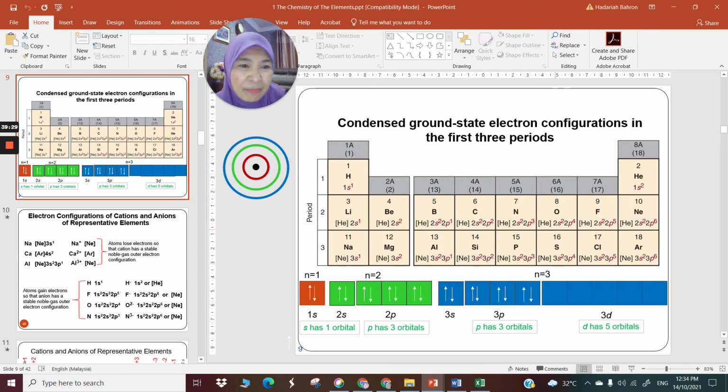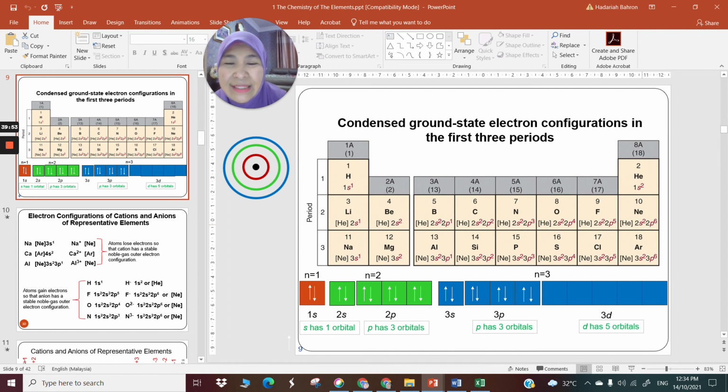So go back here. When sodium loses the outermost electron, it will become like neon. When magnesium loses 2 electrons, it will look like neon. When aluminium loses 3 electrons, it will look like neon. So what is the purpose? What is the octet rule?